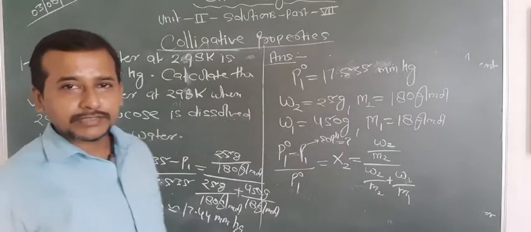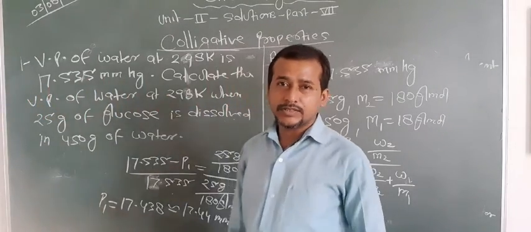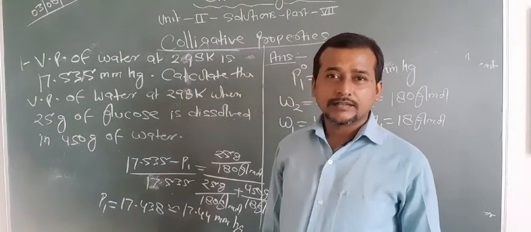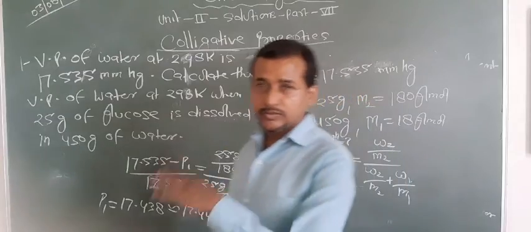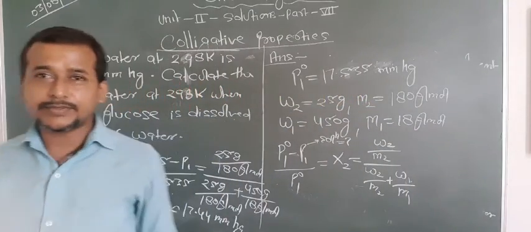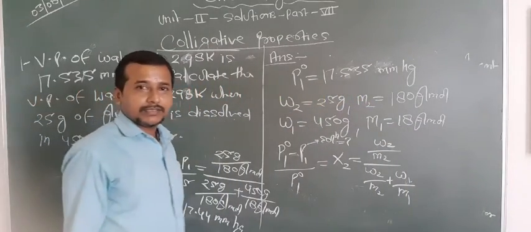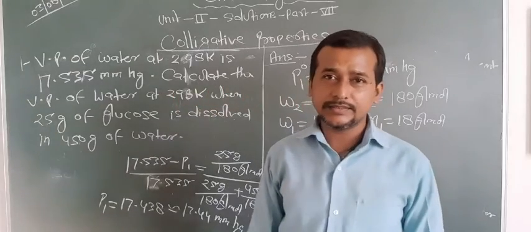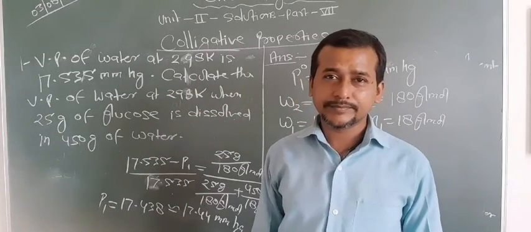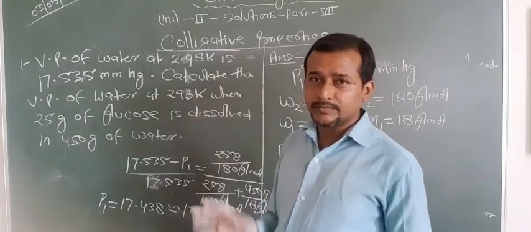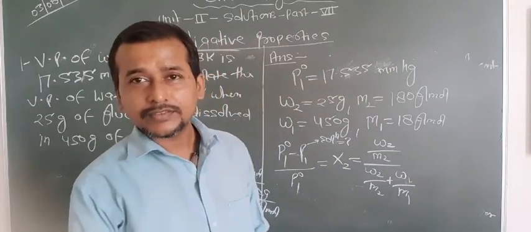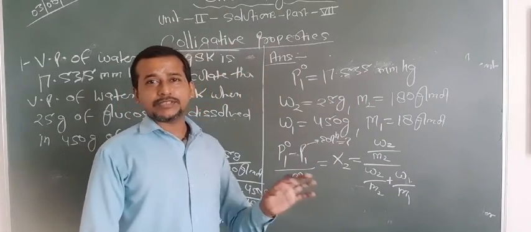So this type of question can be done by knowing properly the formula and the concept of relative lowering of vapor pressure. I have given a number of questions in the sheet. So go through the sheet and also go through the NCERT book and do this type of questions, so that you can be confident in doing them in the board examination.